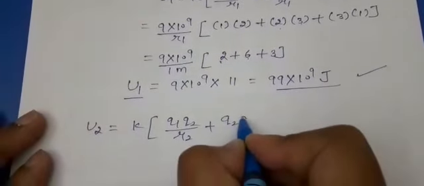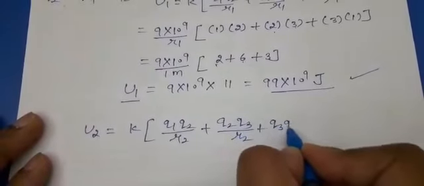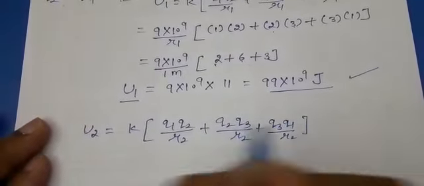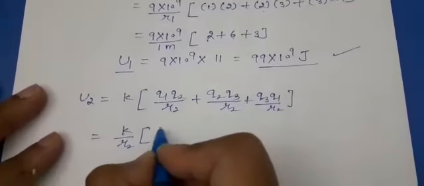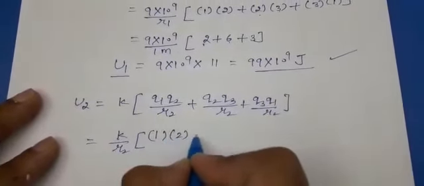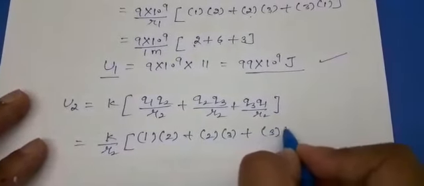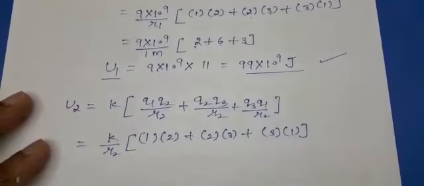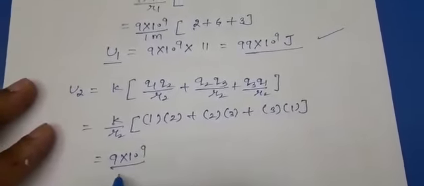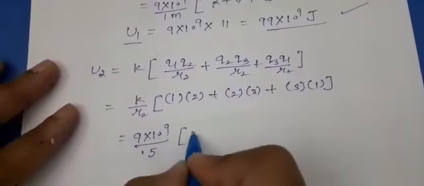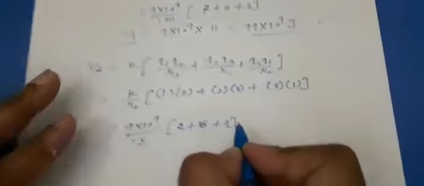Rest all factors will be the same: Q2 Q3 by R2 plus Q3 Q1 by R2. So K upon R2, Q1 is 1, Q2 is 2, Q3 is 3. Putting the values, substituting the value of K and R2 as 0.5, this is 2 plus 6 plus 3.